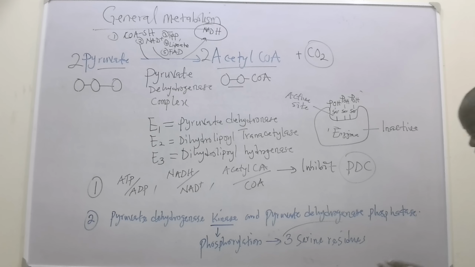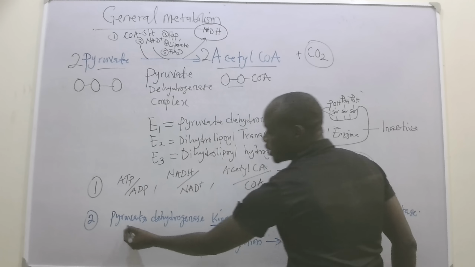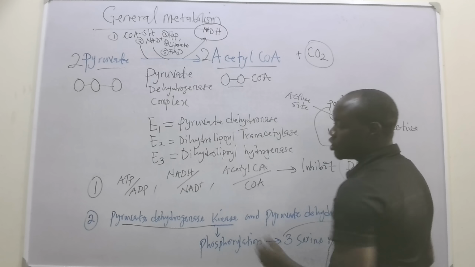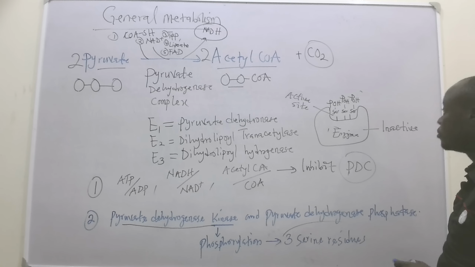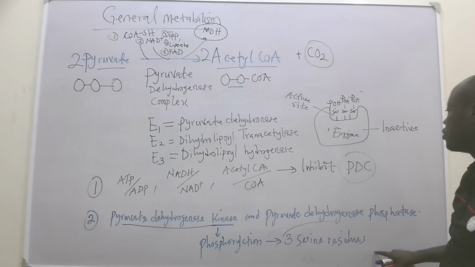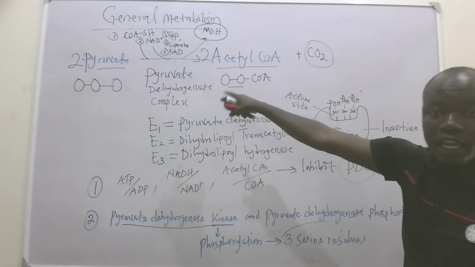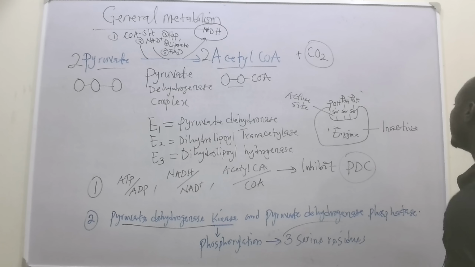So you can control this pathway by increasing the activity of pyruvate dehydrogenase kinase, which phosphorylates three serine residues, making the pyruvate dehydrogenase complex inactive.